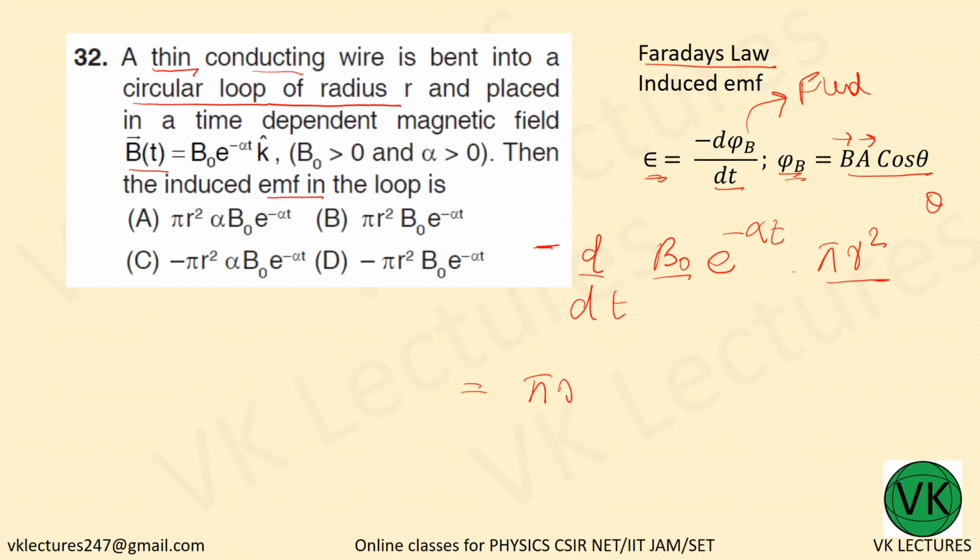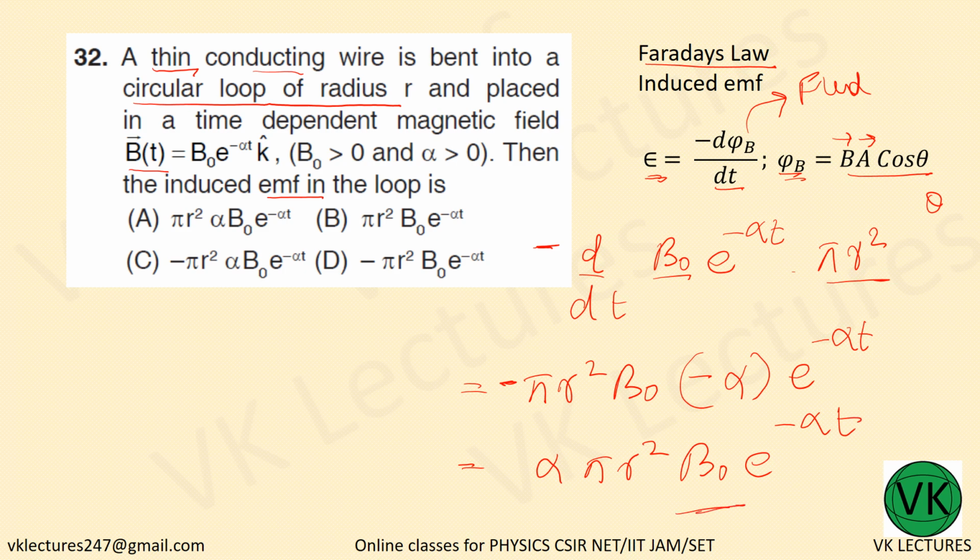Pi r square B naught, the minus sign, into derivative of e to the power minus alpha t, minus alpha into e to the power minus alpha t. So that's equal to, minus minus get cancelled, alpha pi r squared B naught into e to the power minus alpha t. This is the induced EMF. So what is the answer? Pi r square alpha B naught e to the power minus alpha t. So your answer is A.